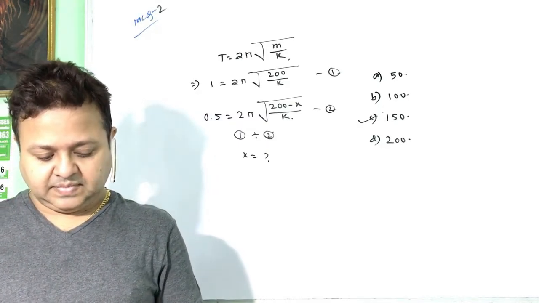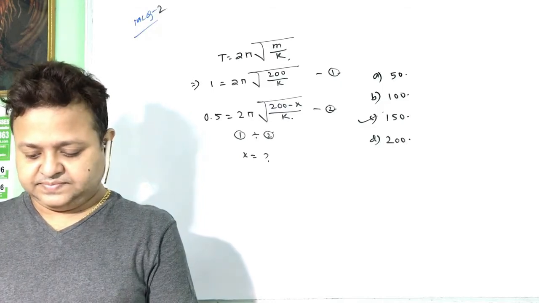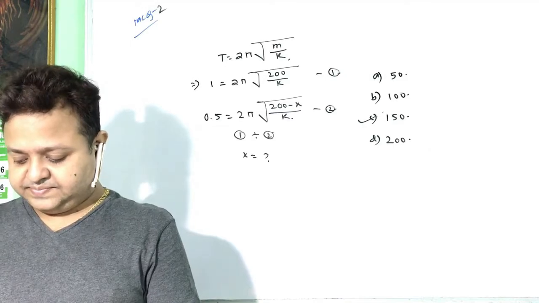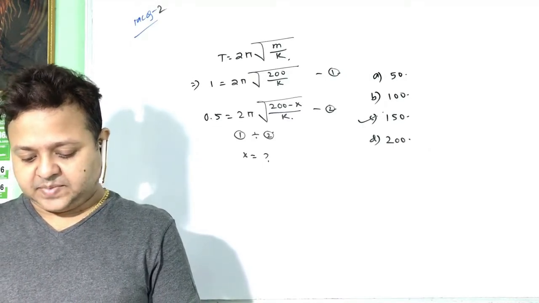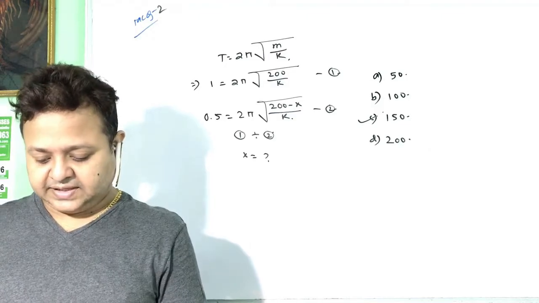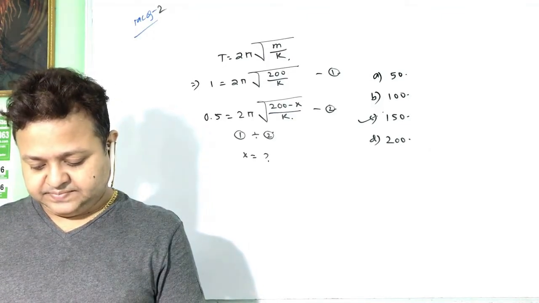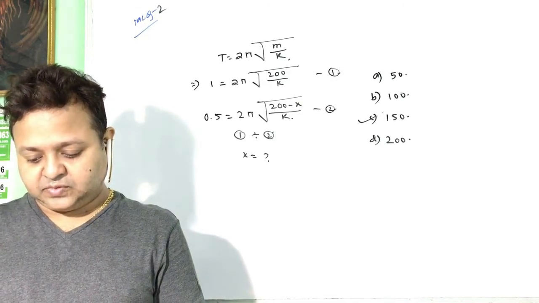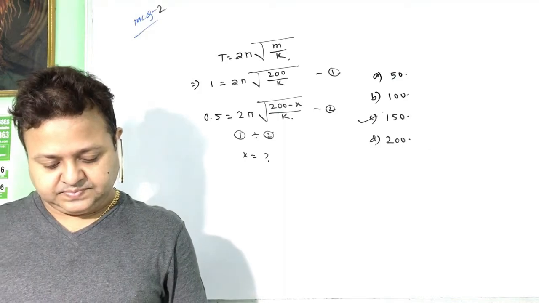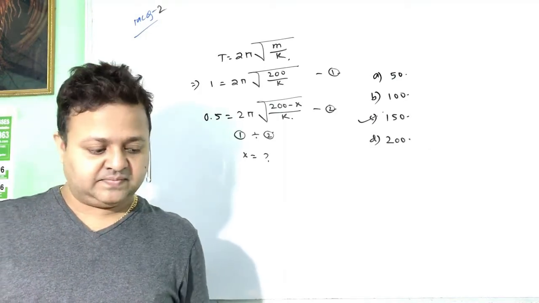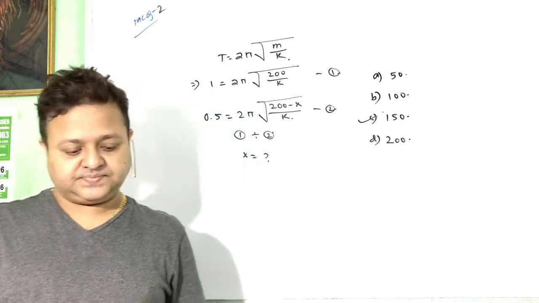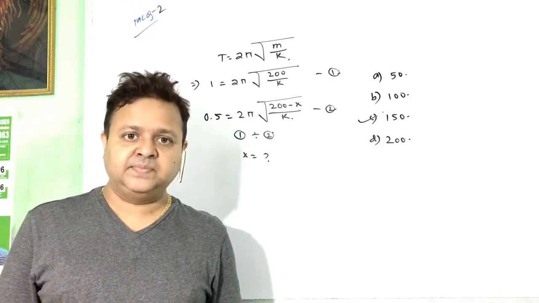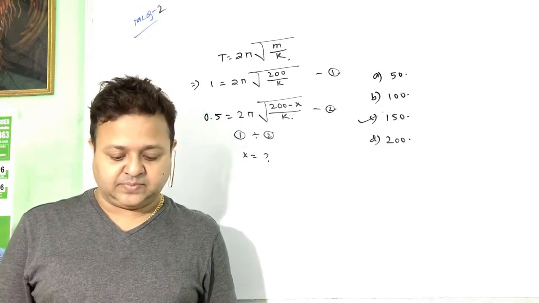Next, the kinetic energy of a particle executing SHM is 16 joule when it is in the mean position.